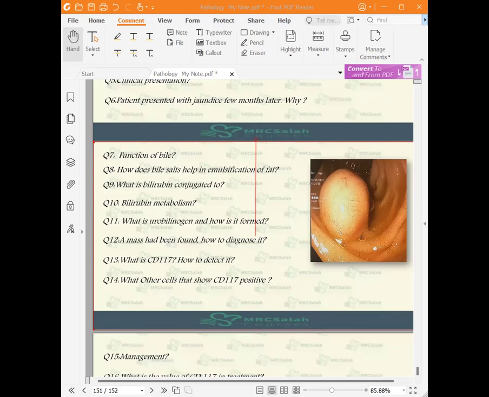A mass has been found. How to diagnose it? We can diagnose it by CT abdomen with contrast, endoscopy with biopsy, histopathology, and also immunohistochemistry. What is CD117? How to detect it?